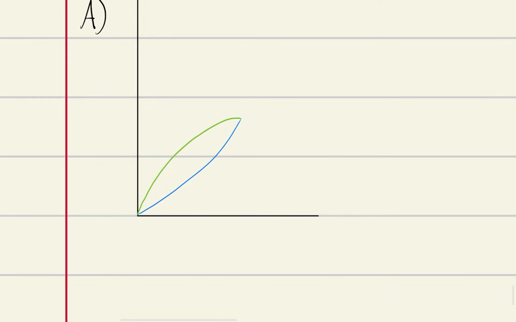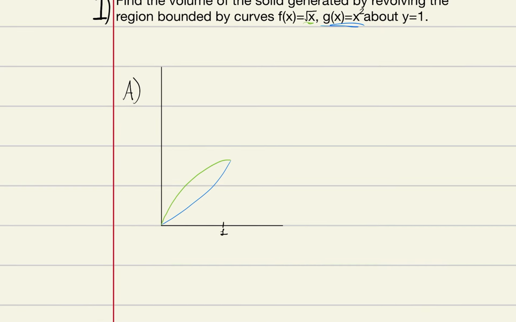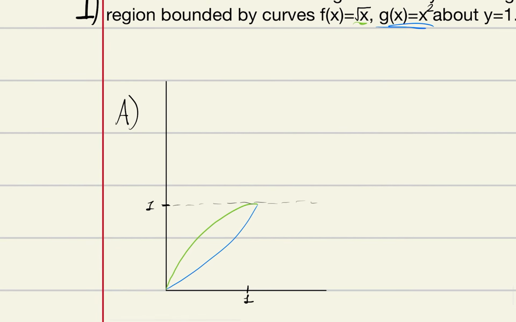And they both connect at this point right here, which is 1, with a y value of 1. And this will be y equals 1, the line that we're rotating about. And when we rotate it, it'll look something like this.